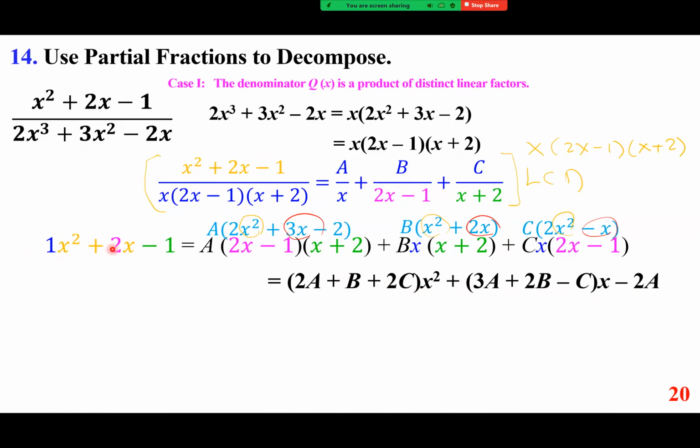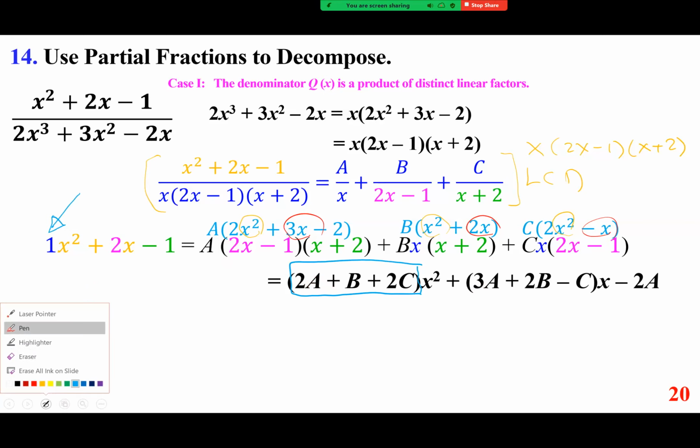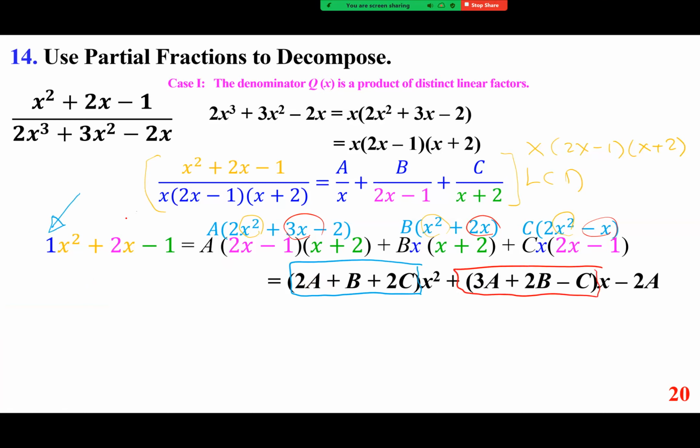Now, if the left and right are equal, then x squared must have the same coefficients. Therefore, the coefficient of x squared here must be 1. The coefficient of x must be 2.